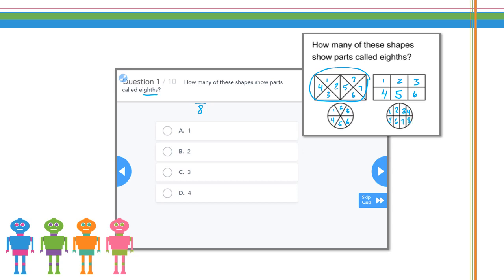But does that one show eighths? You're right, it doesn't. It doesn't show eighths because it doesn't have 8 equal parts. Remember, in fractions, our parts have to be equal. So the only shape that shows 8 equal parts, or eighths, is the shape that is circled. So I would pick A1. One shape shows eighths.